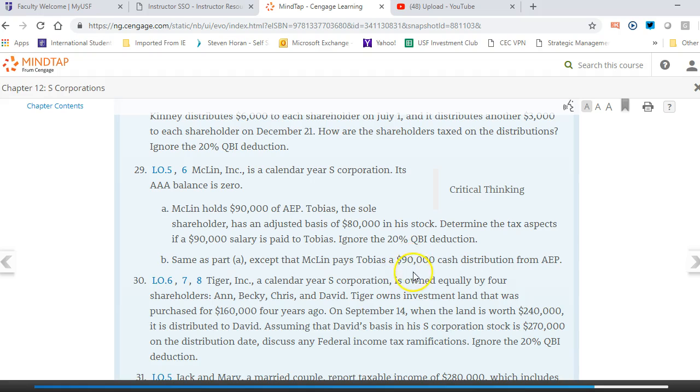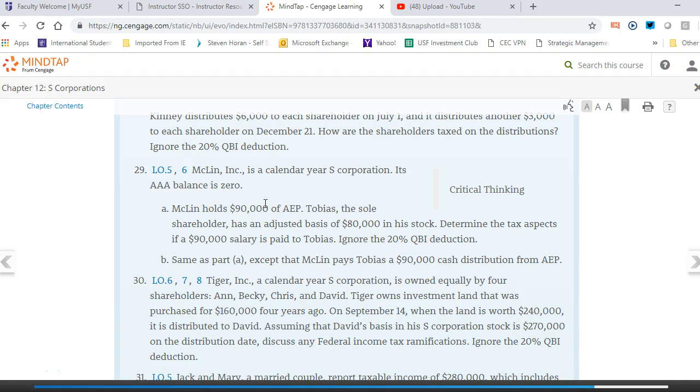We don't know exactly this whole situation, but that'd be probably 20% max, but probably 15%. And then there's no deduction pass through, and he has an 80,000 remaining stock basis, but his AEP goes down to zero. So the AEP goes to zero, his basis stays intact at 80. Okay, so that's the difference between the two.